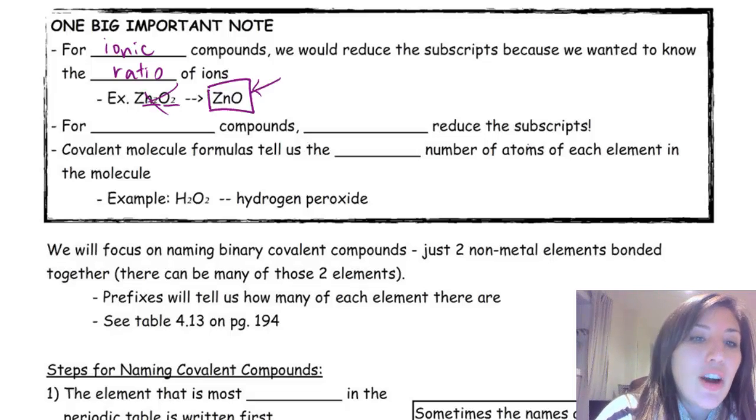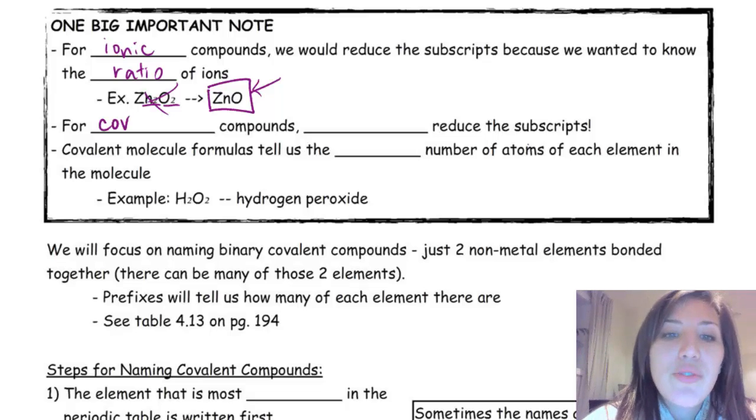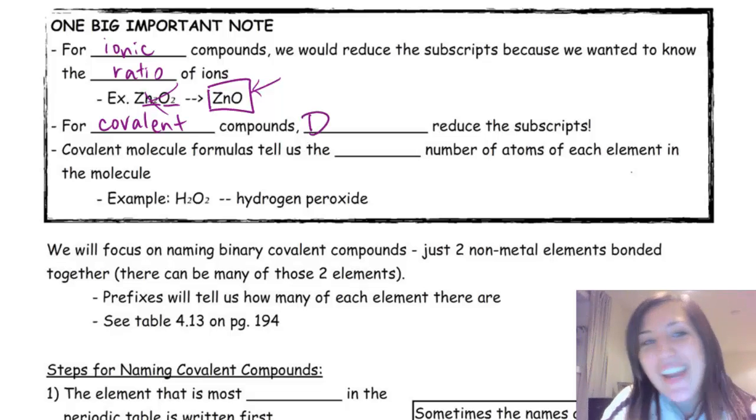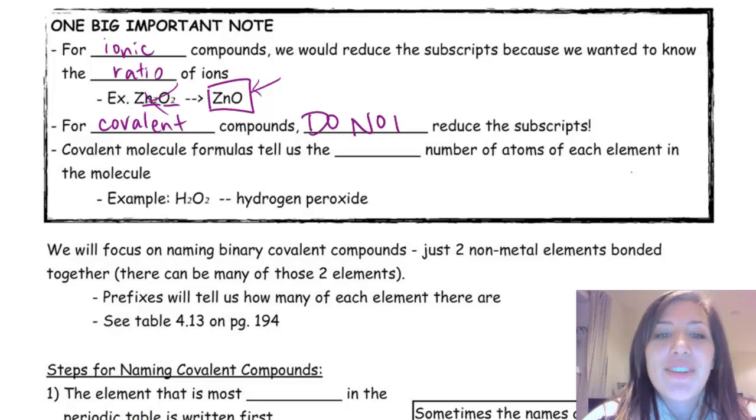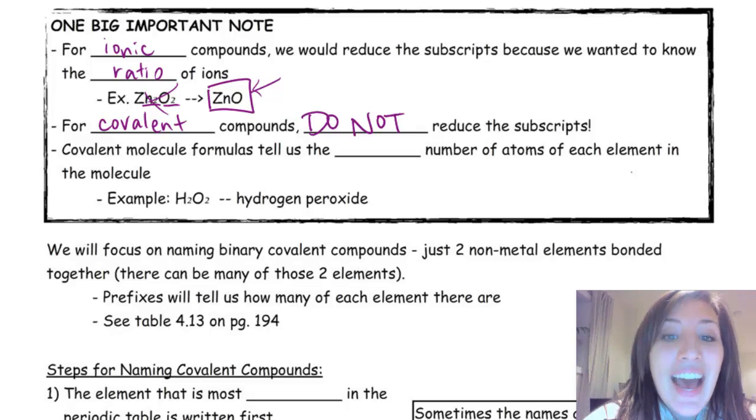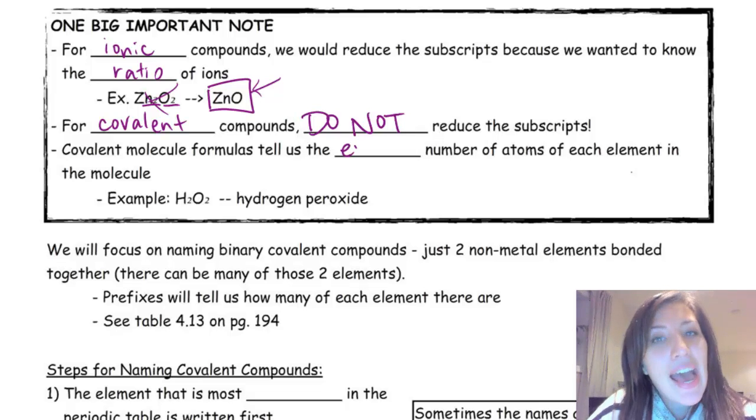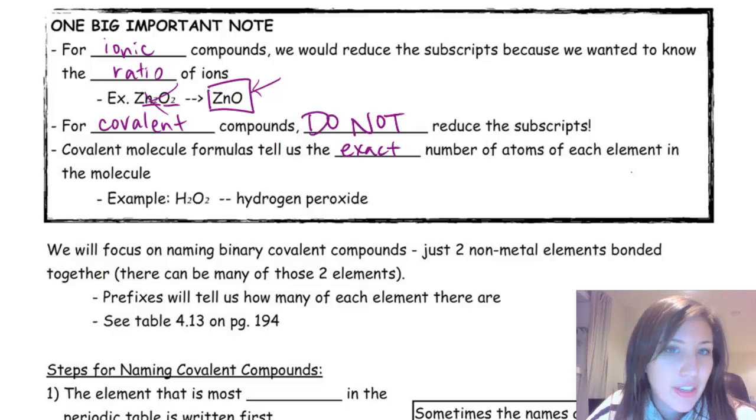For covalent compounds, however, we do not reduce the subscripts. Don't do it. Highlight that. Covalent molecules tell us the exact number of atoms of each element in that molecule.